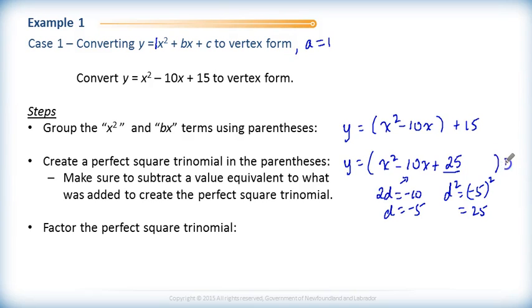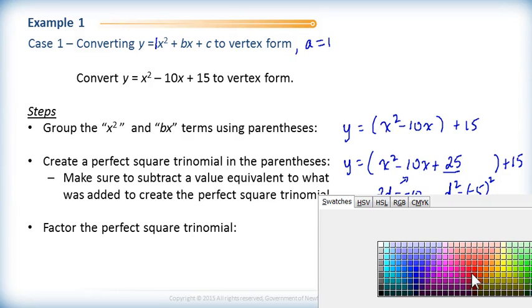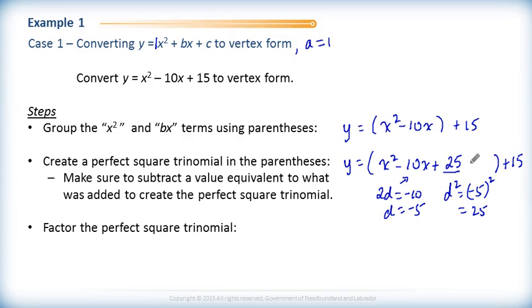Now, that plus 25 is outside the brackets, but there's a catch. I cannot add something new to an equation, or else I'm going to cause an imbalance. I have to subtract off the same amount. So in this case, I have added 25, so now I subtract off 25.